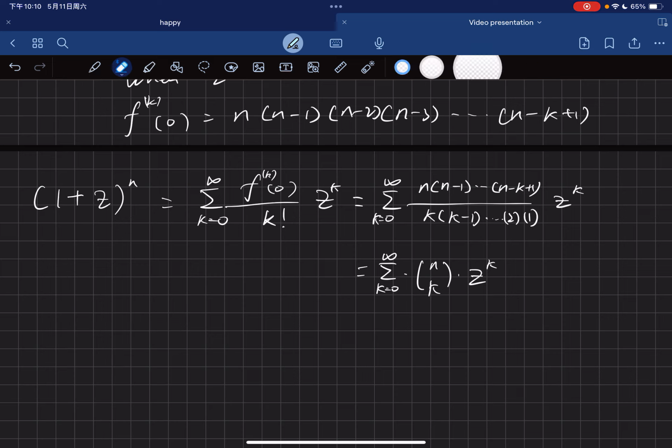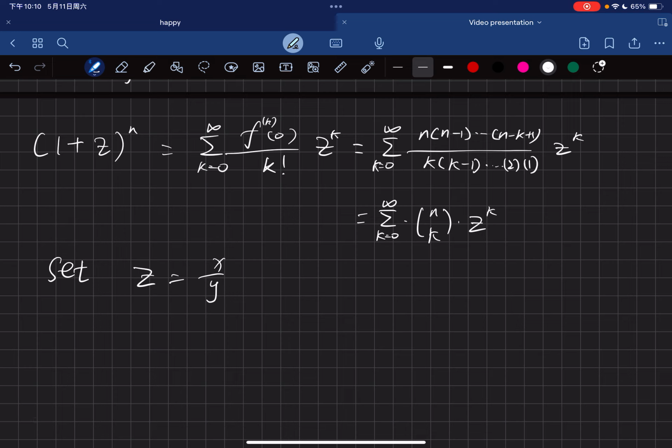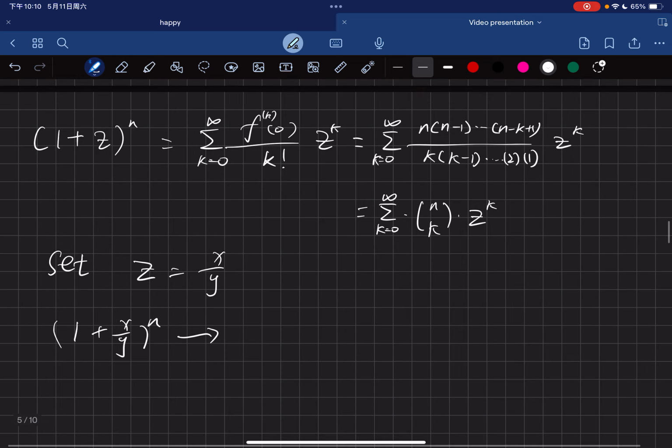So we can set z to x over y. If z is x over y, we can take 1 over y out of the equation.